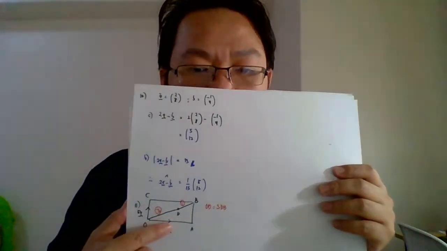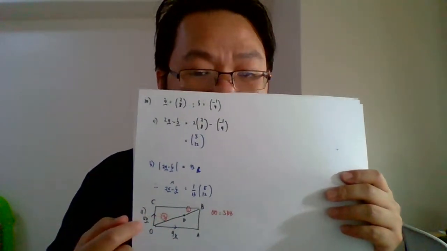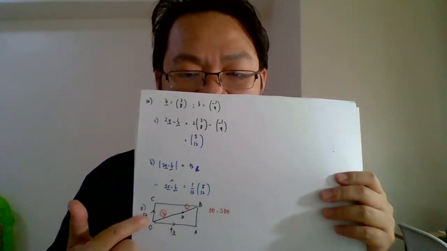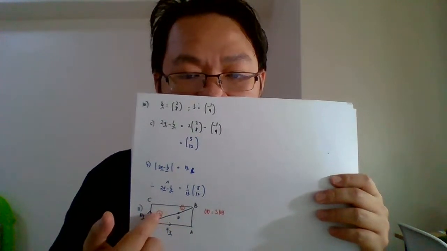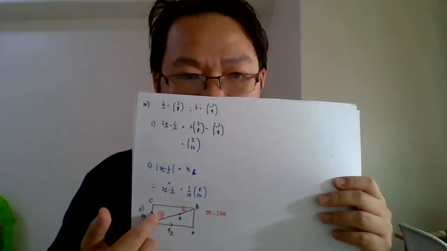So I put the numbers. This is how I differentiate between the values and the ratio numbers. You see the values, I didn't circle, but for the ratio, I circle the ratio numbers so that this is not a value. This is just the ratio, 3 and 1. Okay, the question is: express OD. Find OD. That means we need to find OD.